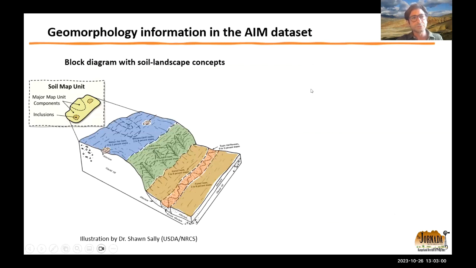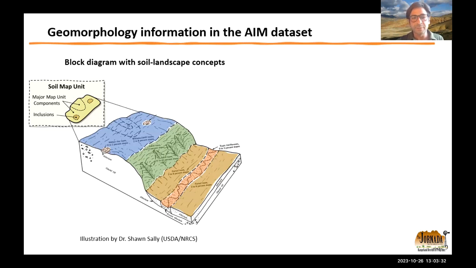In regard to geomorphology information in the AIM dataset, I think that sometimes we overlook this information and its importance to identify an ecological site, and focus too much on soil observations. But we cannot understand soils if we don't know the landscape where they occur. And here we have a block diagram that Sean Sally nicely let me use.